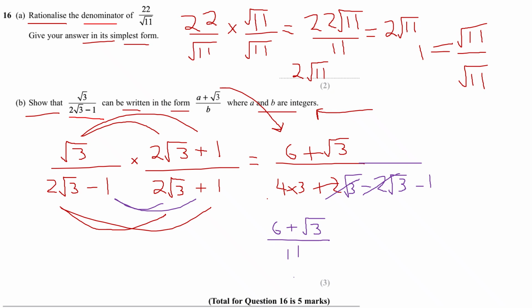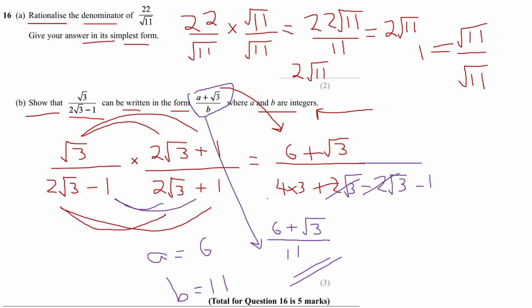So my final answer reads 6 plus root 3 all over 11, or an 11th brackets 6 plus root 3. Either answer would suffice, but now that's in that format where in this case A is equal to 6 and B is equal to 11. You don't actually have to state that, but I'm just putting it in there to be clear that you're happy that it's in this format.